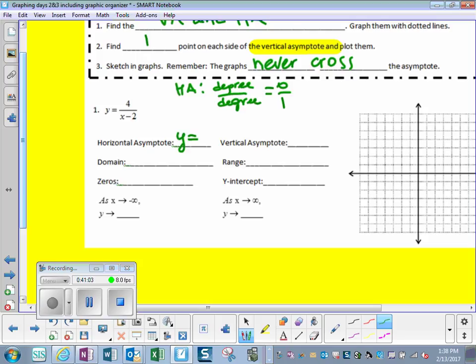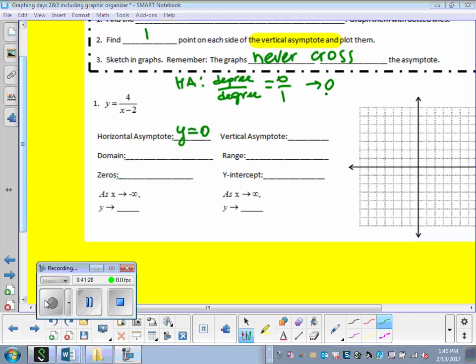Look at your organizer. What is it? 0. If the greater one is on top, there is no horizontal asymptote. But if the smaller one is on the top, then that means it's y equals 0.